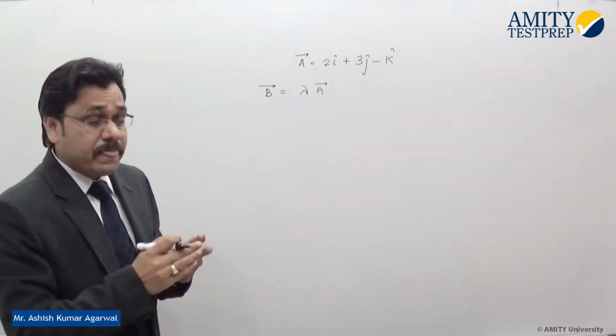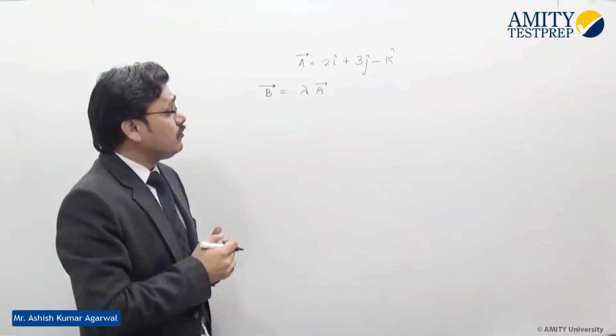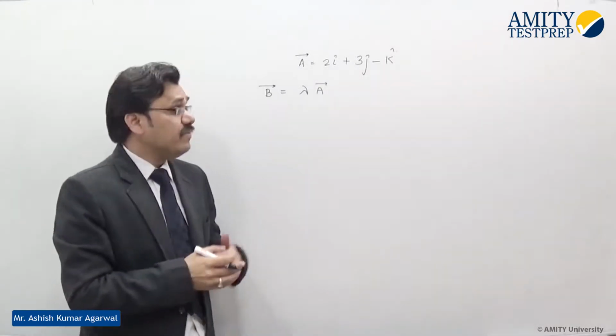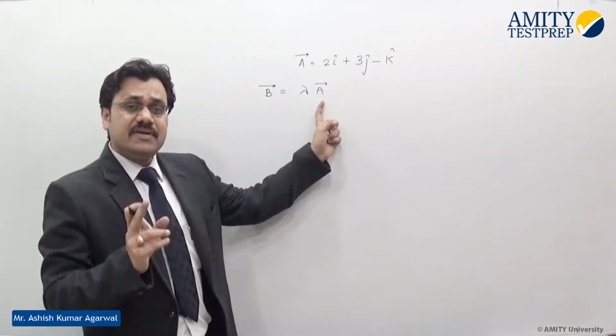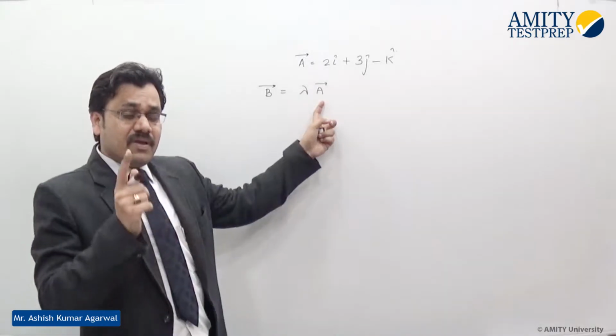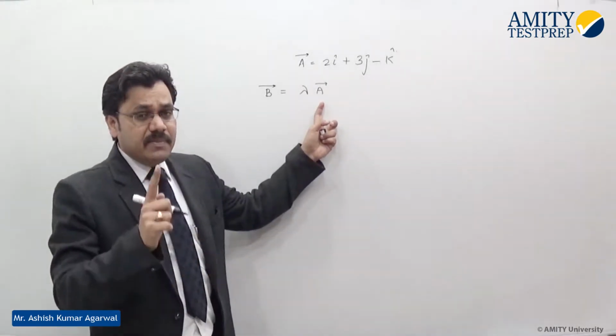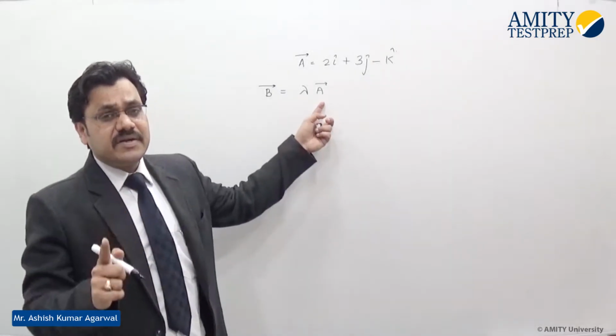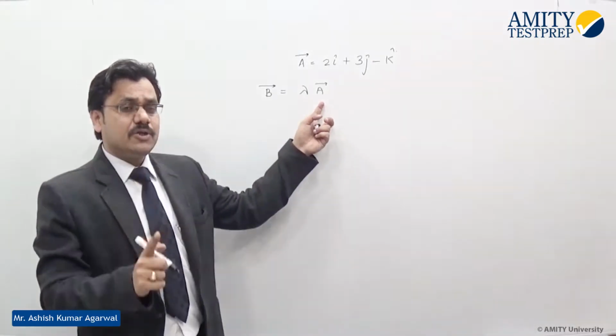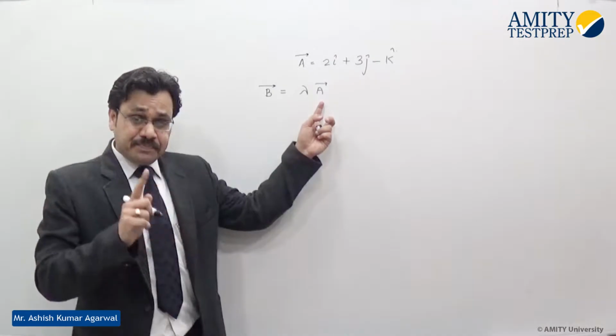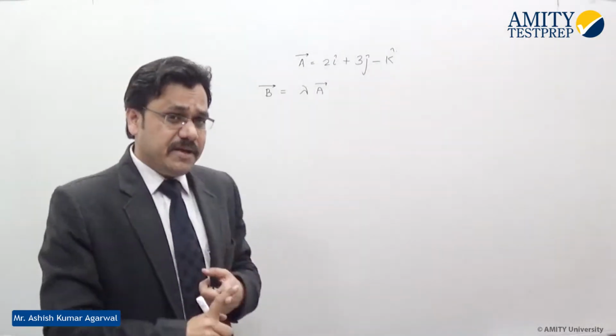First of all, we have to understand this. When we multiply a scalar quantity with a vector quantity, the resultant vector has the same direction as vector A. It means they are like vectors; their directions are the same.